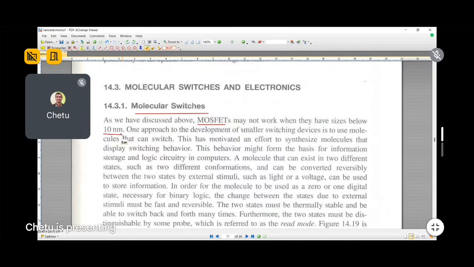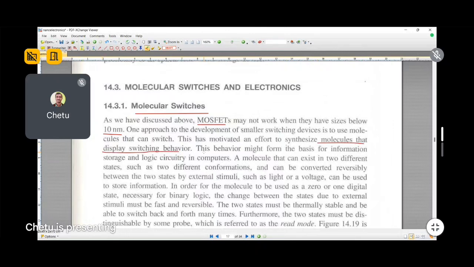And therefore, this kind of device may face difficulty and lots of heat dissipation during operation. So people started looking for different materials, and people found that there are certain molecules that display switching behavior.